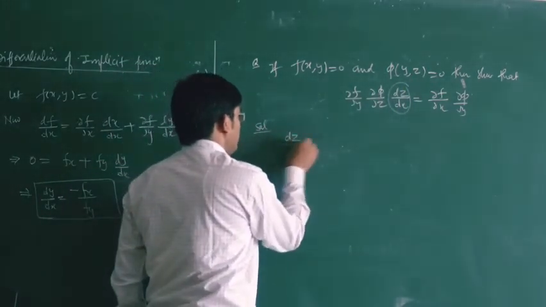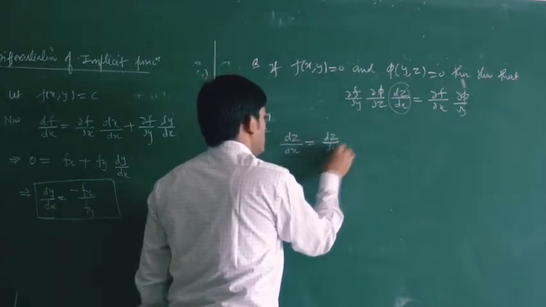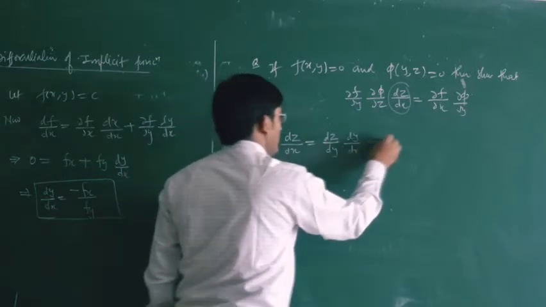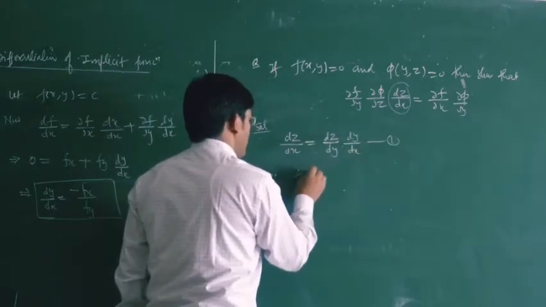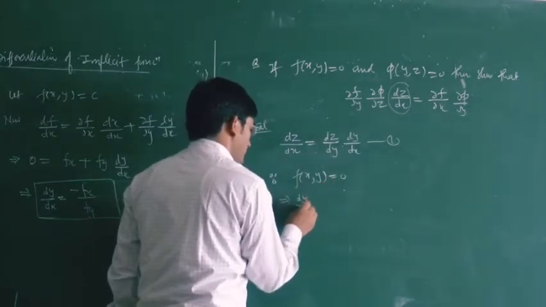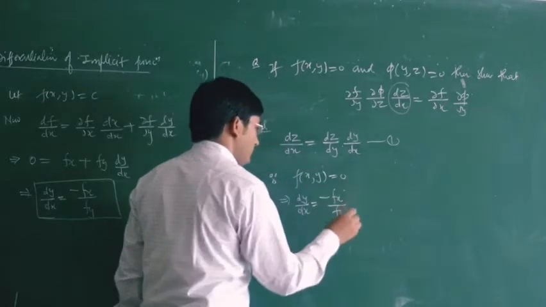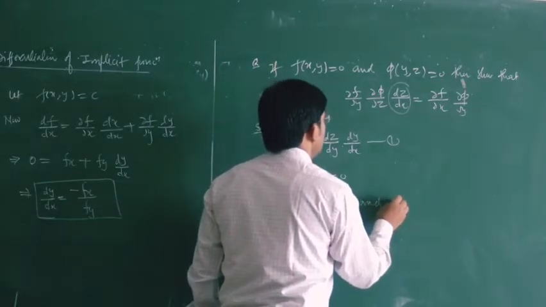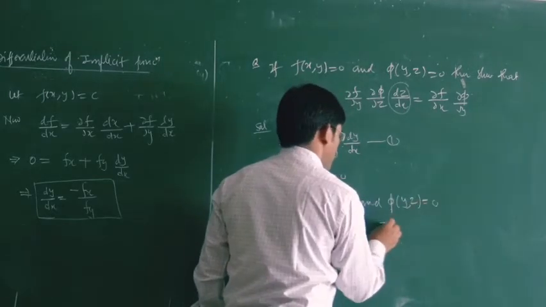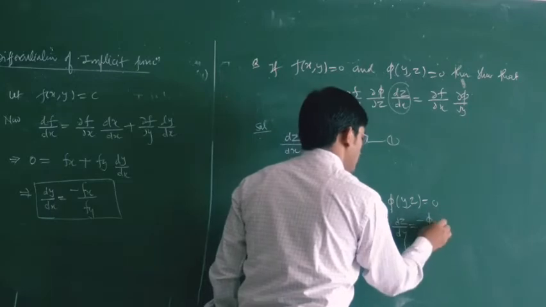We can write dz/dx as dz/dy into dy/dx. Now because f(x,y) equals 0, from here we have dy/dx equal to minus fx upon fy, and similarly phi(y,z) equals 0, so from here dz/dy will be minus phi y upon phi z.